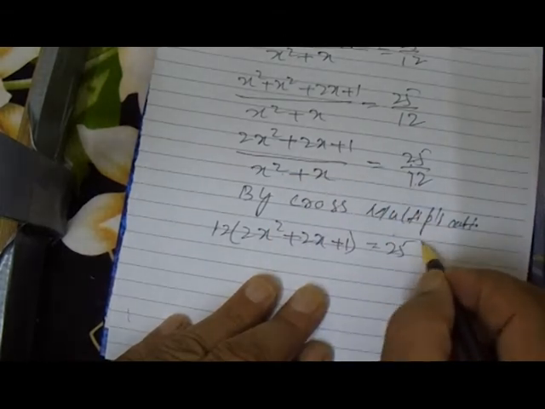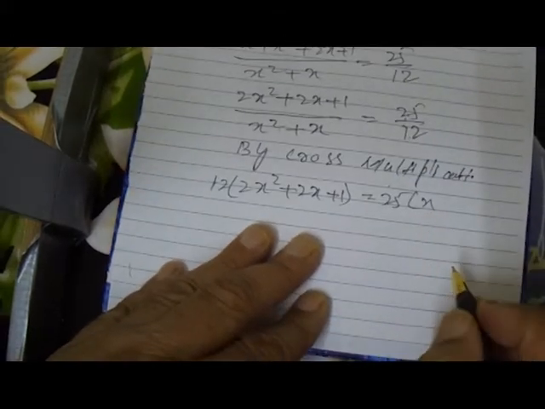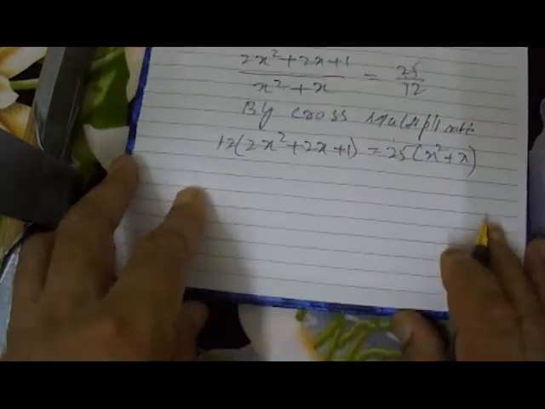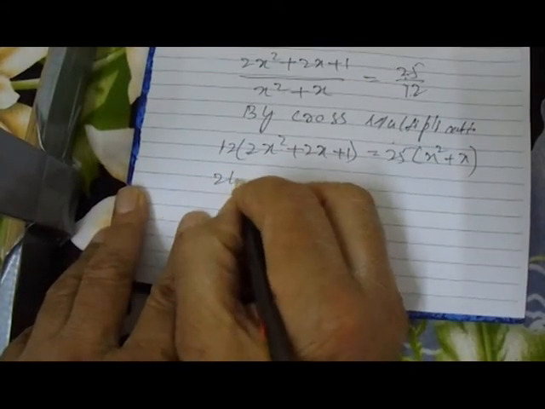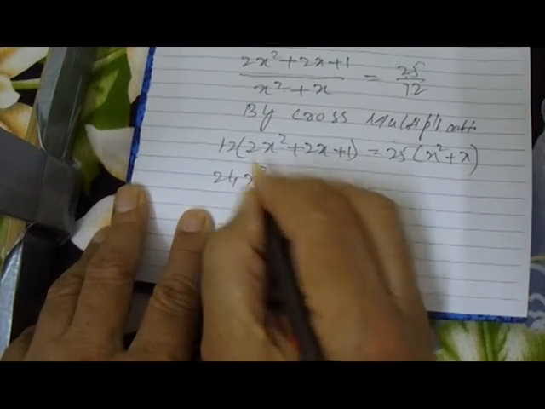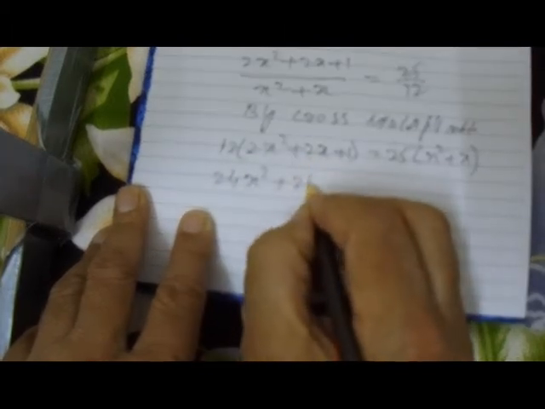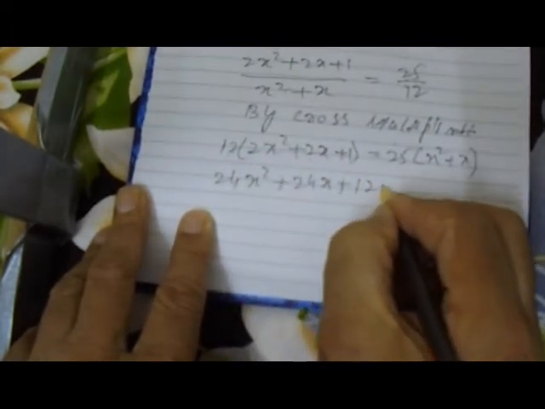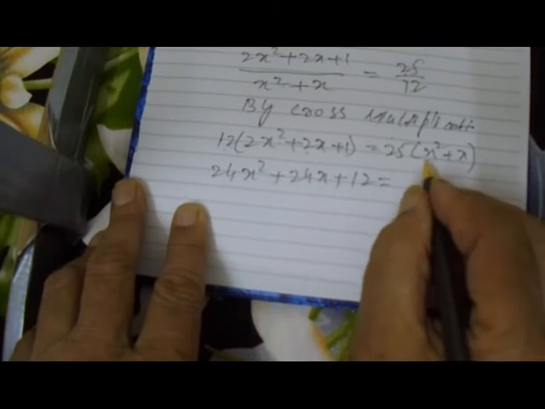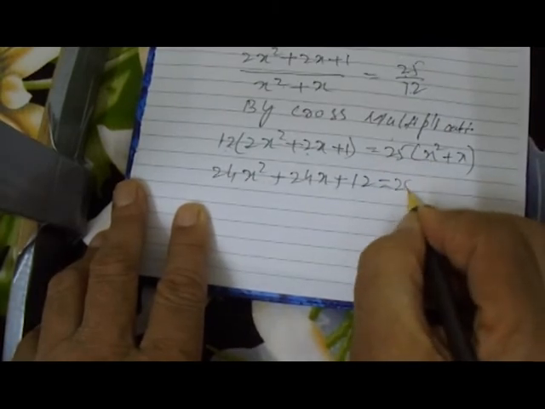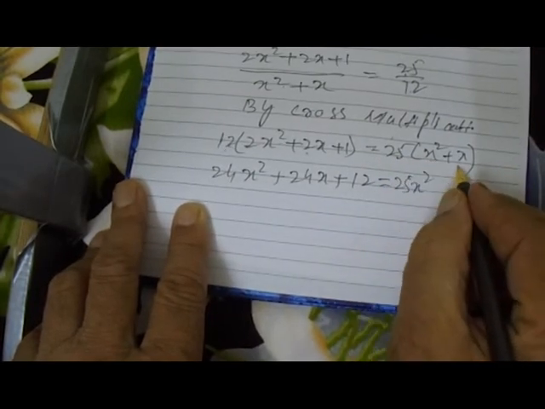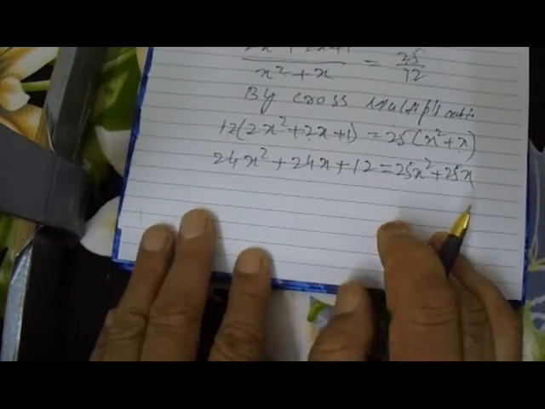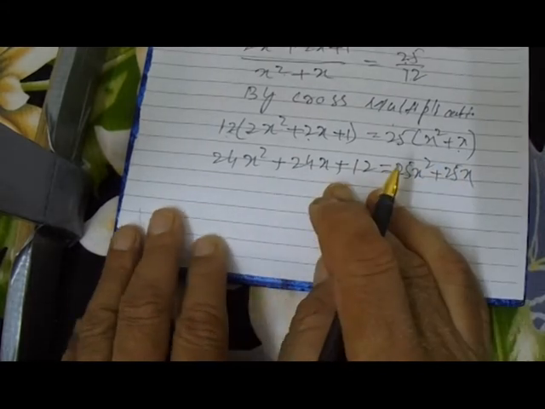we write 12 into 2x square plus 2x plus 1 is equal to 25 multiplied by x square plus x. We multiply 12 by 2, we get 24x square plus 24x plus 12 times 1, we get 12. Now here we write 25 multiplied by x square, 25x square, and 25 multiplied by x, plus 25x. Now we write the variables and constants on one side.